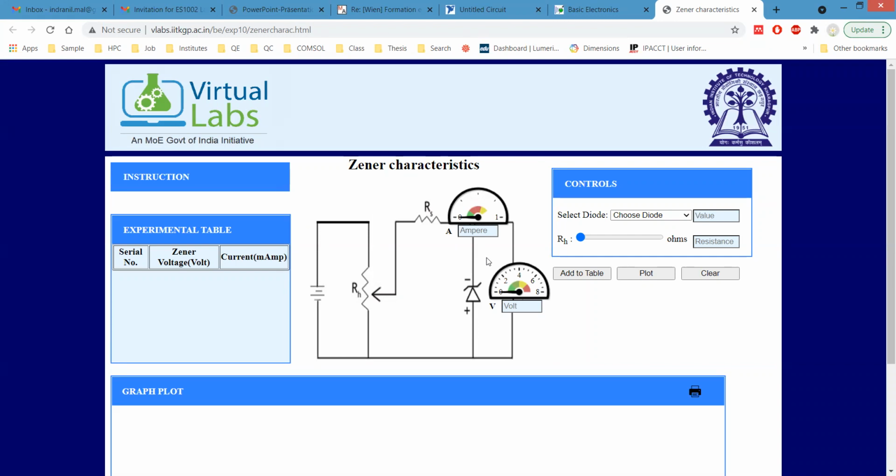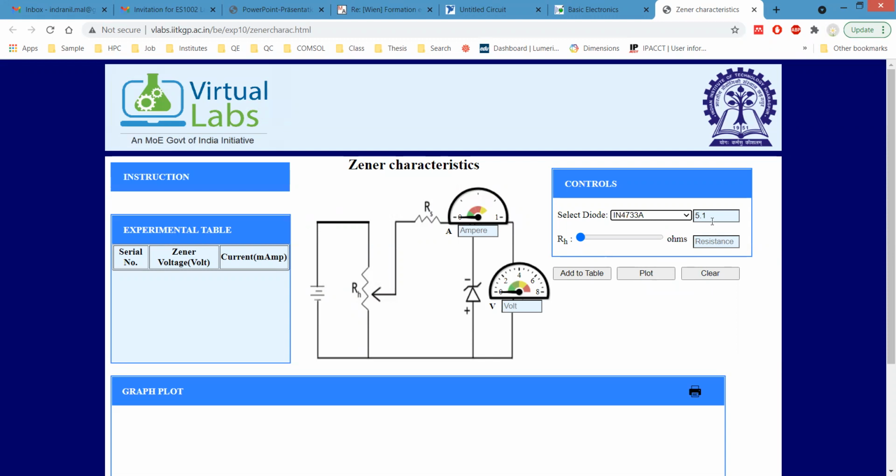In the previous case also you have seen that different PN junction diodes are there with different names and different specifications. In this case also we have different Zener diodes with different codes. It is not required that you memorize all the codes, but it will still be useful if you can remember.